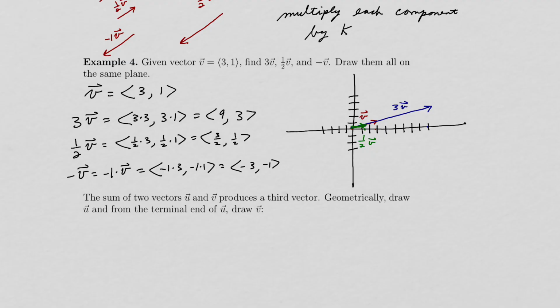It'll be in the opposite direction. So the x component now is negative 3, and down 1, it's going to look like this. So that would be negative v. But it looks the same as v, same length, but opposite direction. Okay, so that's all there is to multiplying a vector by a scalar, by a constant. It either changes the length, and if it's negative, it also changes the direction.